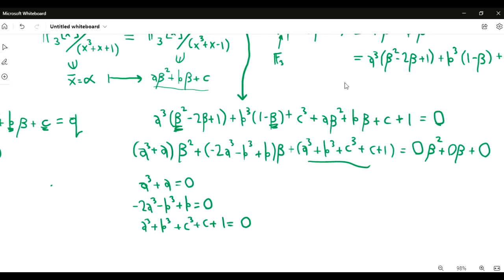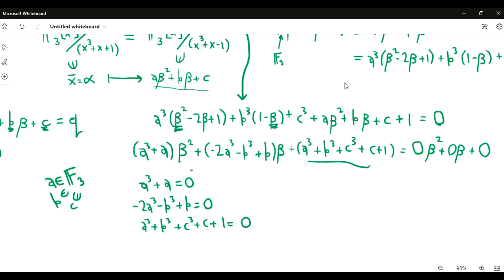And remember, as we explained before, all of these live in F3. So these are all elements of F3, and A, B, and C are going to be equal to 0, 1, or 2. Using that, you can check.